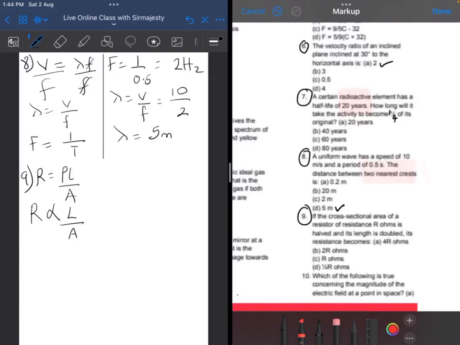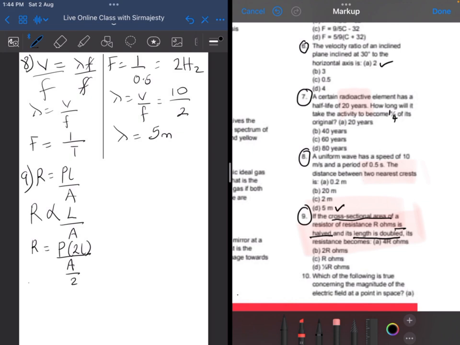So they said the cross-sectional area is halved and its length is doubled. So let's take it like this: R is equal to ρ times the length, which is doubled, so 2L, all over the cross-sectional area, which is halved, so A over 2.